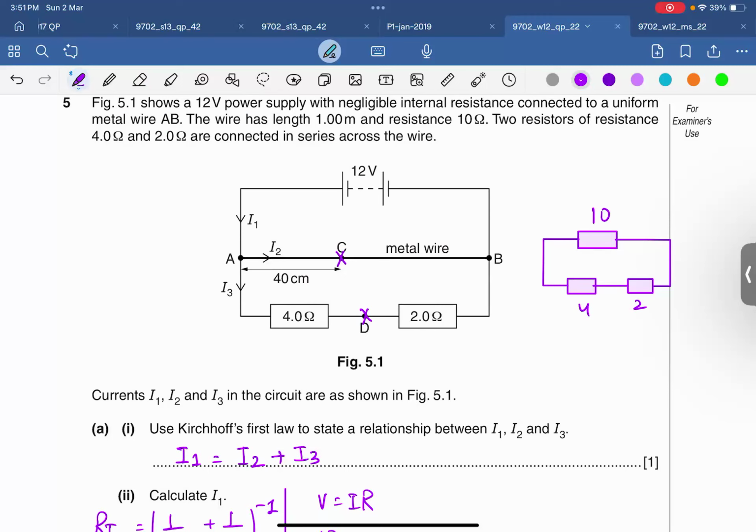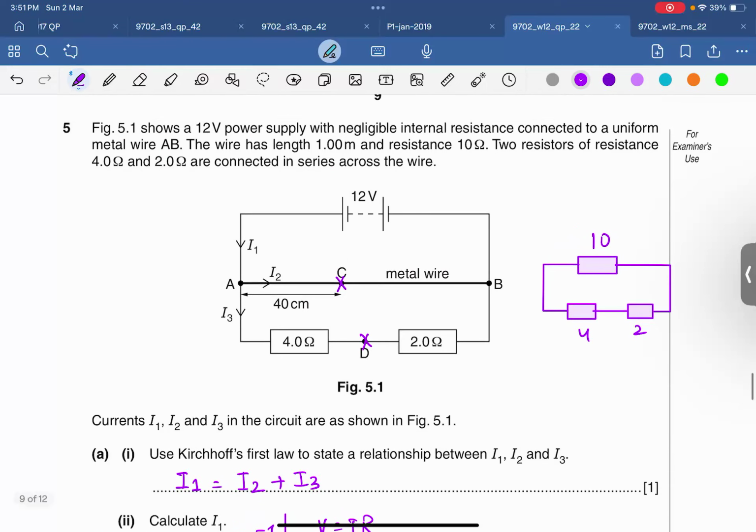If I try to find out the voltage at C, I know that the whole wire utilizes 12 volts, and the whole wire has a length of 1 meter, which is 100 centimeters. So 100 centimeters utilizes 12 volts. If 40 centimeters, how much potential drop is there?